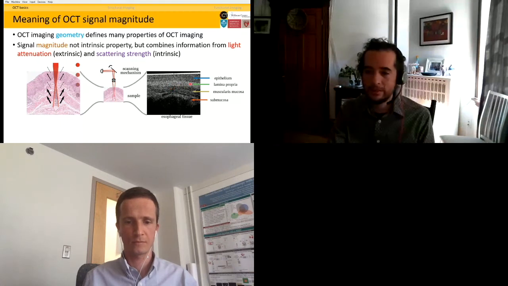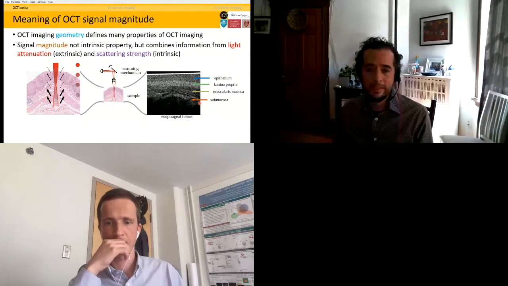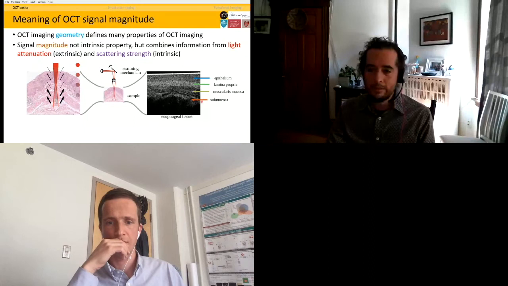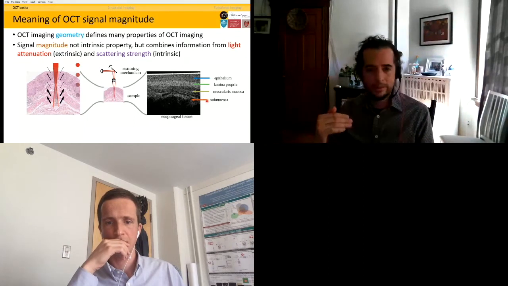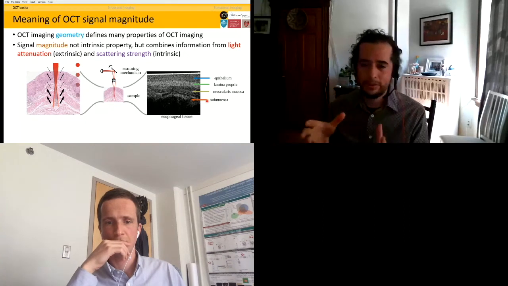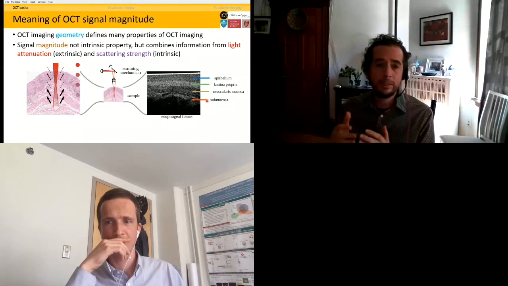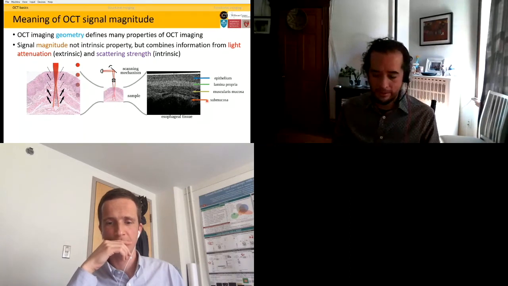So for example, we can see that here the epithelium and the submucosa have roughly the same magnitude visually in this image. However, because the epithelium is very superficial and the submucosa is really deep into the tissue, we know that the actual scattering strength of each one of these layers is going to be totally different. The submucosa has to be much stronger in contrast.